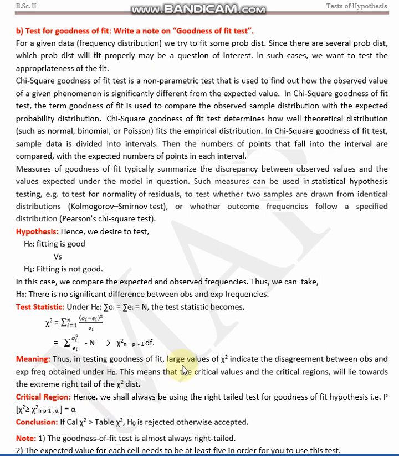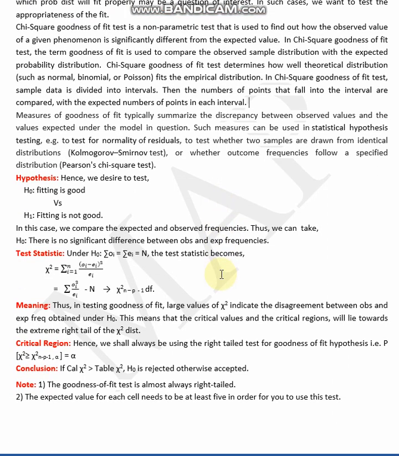In testing goodness of fit, if you get a larger value of chi-square, that indicates disagreement between observed and expected frequencies obtained under the null hypothesis. If your calculated value is large, then we can say there is a significant difference between observed and expected frequencies. This means the critical values and the critical regions will lie towards the extreme right tail of the chi-square distribution.